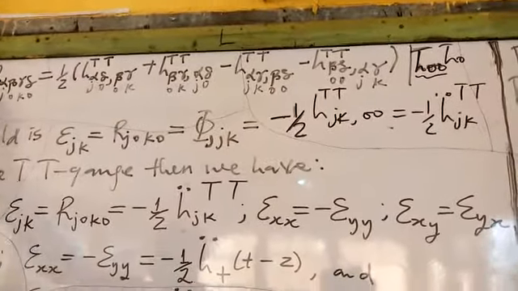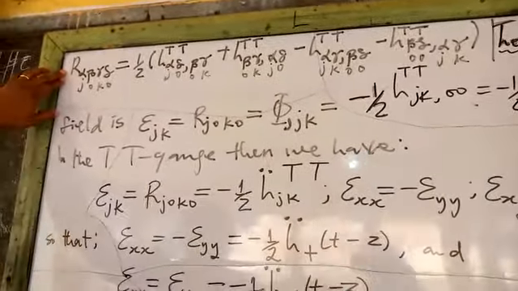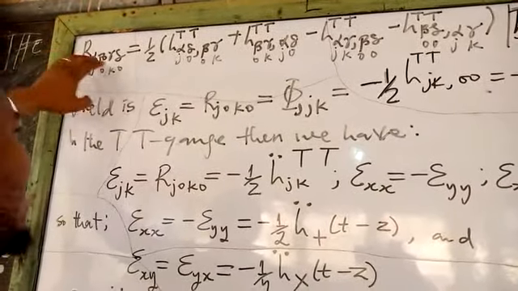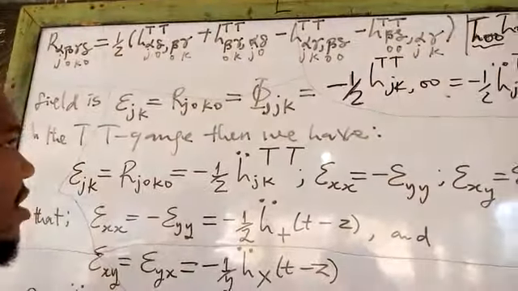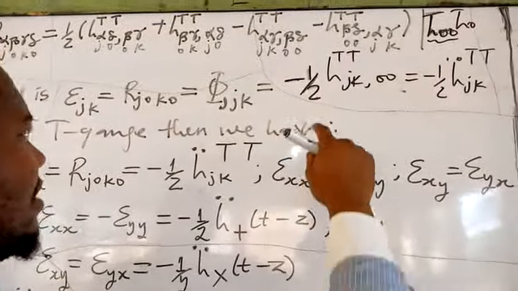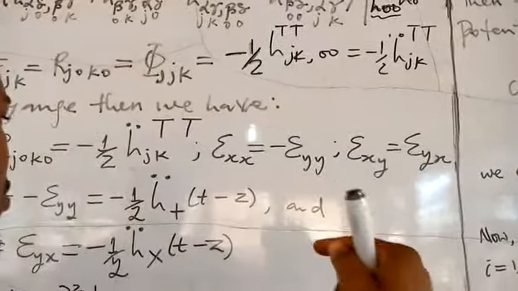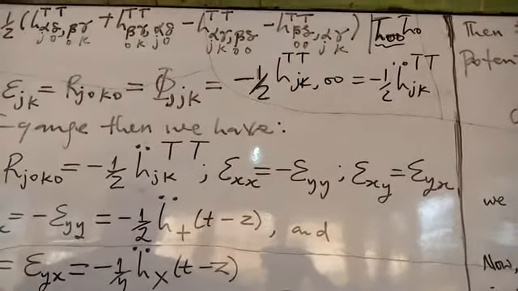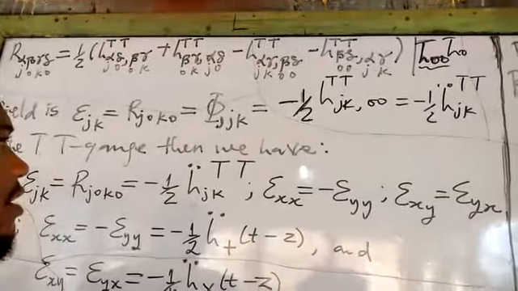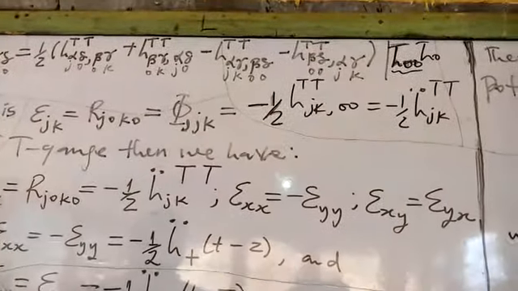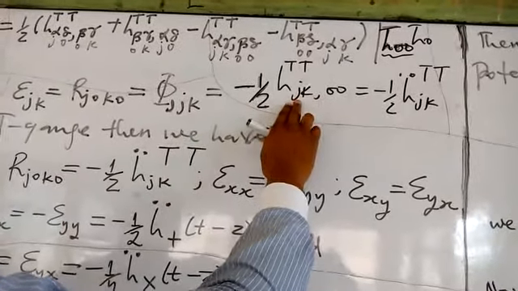But from the Riemann tensor, it means that even in our definition of the tidal gravitational field, the Rj0k0 will not be what we had written originally. Of course, what we had written originally in the beginning was h naught naught comma jk. And if you remember, in our slow motion approximation, it was because the time derivatives all had to vanish, and that was why the only component left was the time component.